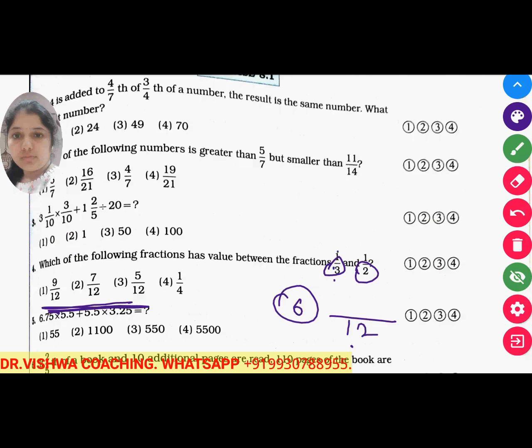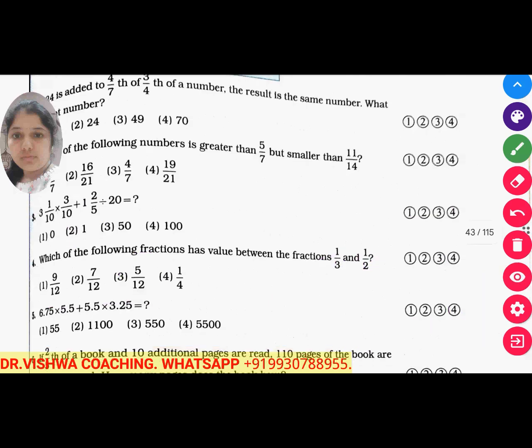So for 1/3 to become something by 12, we have to multiply by 4, so it becomes 4/12, and this becomes 6/12. So your in-between fraction is 5/12, which is greater than 4/12, that is 1/3, and smaller than 1/2, that is 6/12.